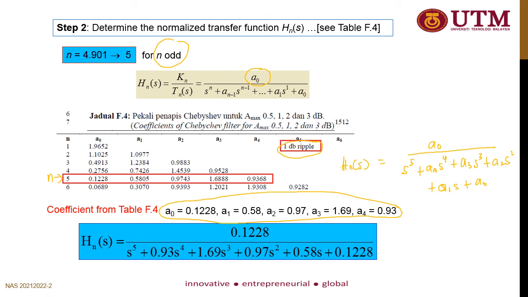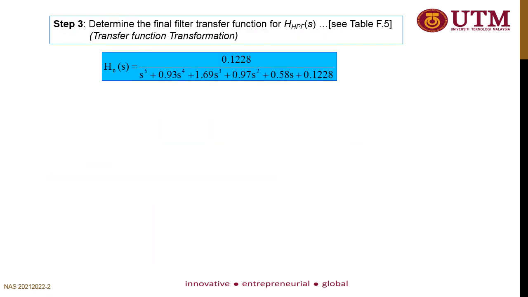Okay, so write down the general equation before you get your final normalized transfer function. Once you have your normalized transfer function, you can get the final transfer function by having some conversion or transformation. So please refer to table F.5.